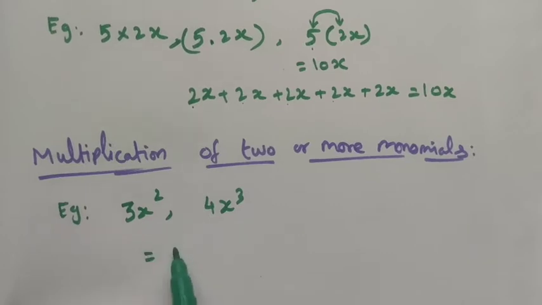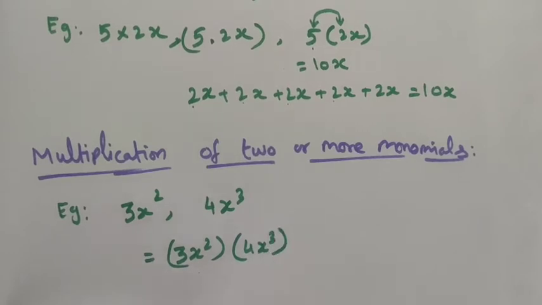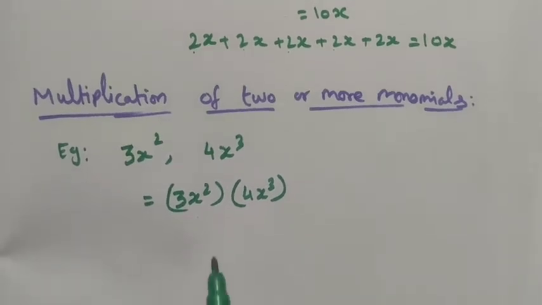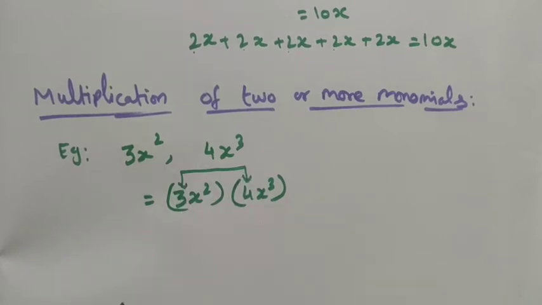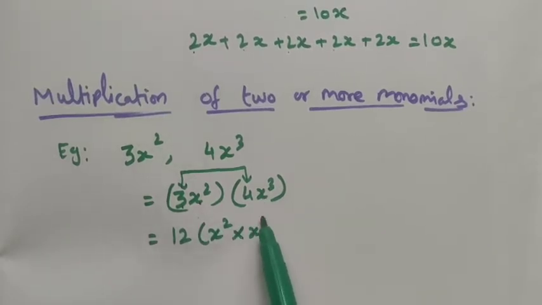If you want to multiply this 3x square into 4x cube, we can use a multiplication symbol or we can use brackets like this. First we have to multiply the numerical coefficients of x square and x cube, right? Then 3 4s are 12, and then here we have x square and here x cube.